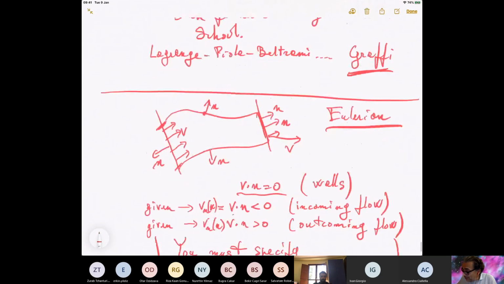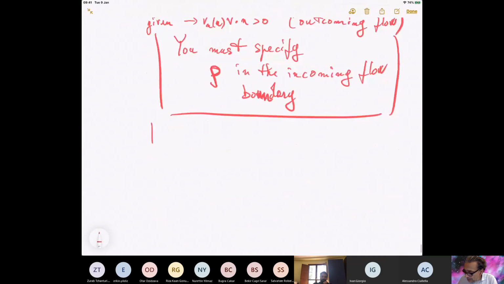And this information is very important if you want to try to solve some mechanics of fluids problems. For instance, using COMSOL, the knowledge of the right boundary conditions is essential.